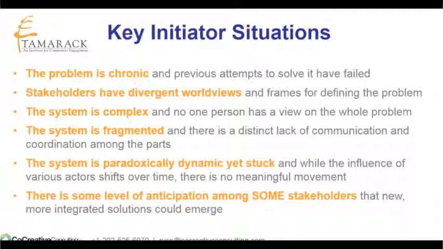And then finally, it works well where there's at least some level of anticipation among some stakeholders that new, more full, more complete solutions are possible, but they have no idea what they are. And so that's often a symptom of the fact that we've got different people seeing different parts of the problem, but no one getting a view of the whole system. Next.